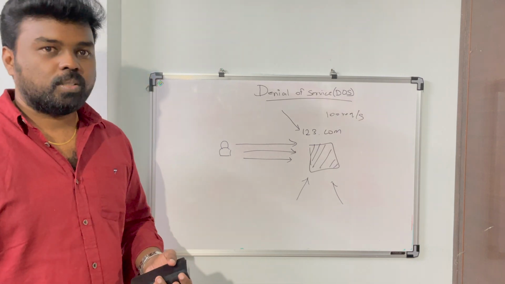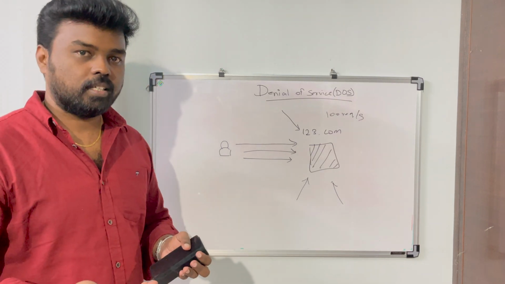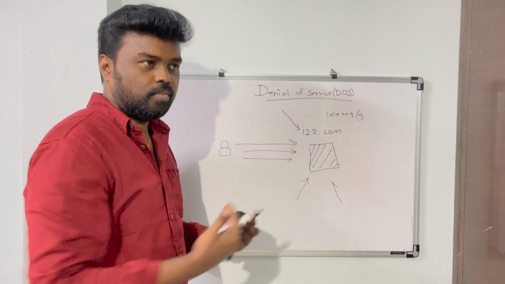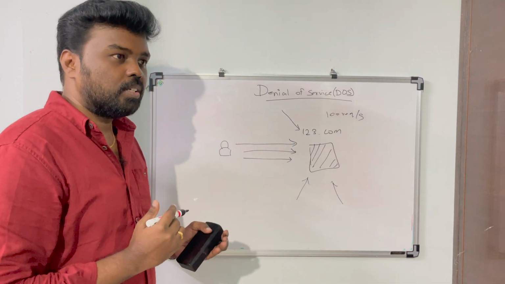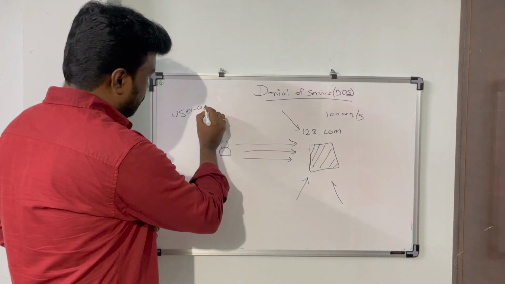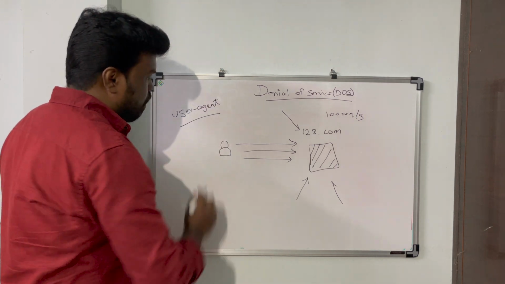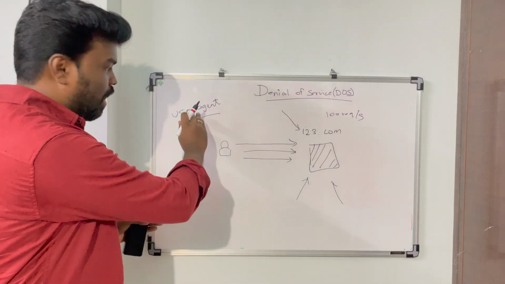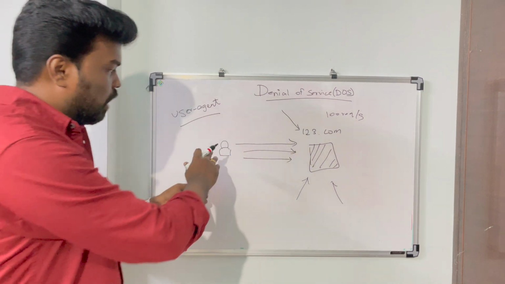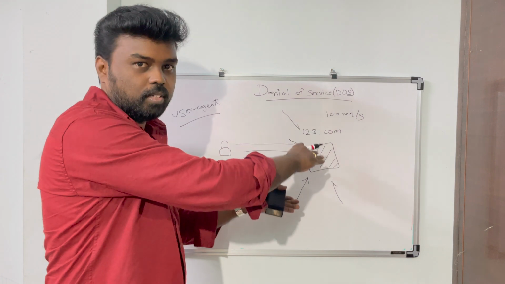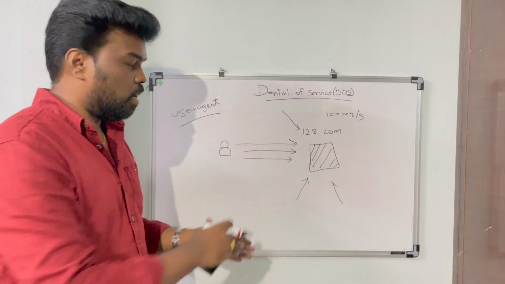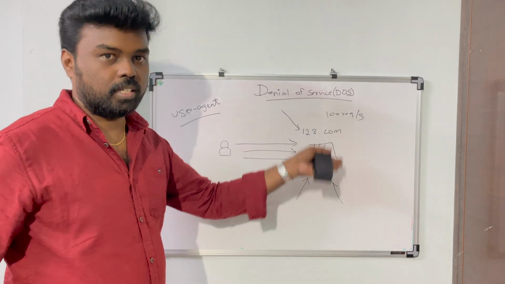One common approach to prevent it is to scan the request headers coming from the request. For example, whenever we browse a particular website, we browse it from the browser, and the browser usually sends a particular header in the request, which is called user agent. Every browser will send some value in the user agent header when it sends a request to the server. But when an attacker creates the denial of service, they don't do it from the browser because it is humanly impossible to create millions of requests from the browser, right?